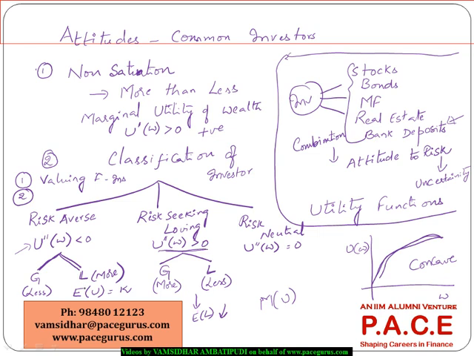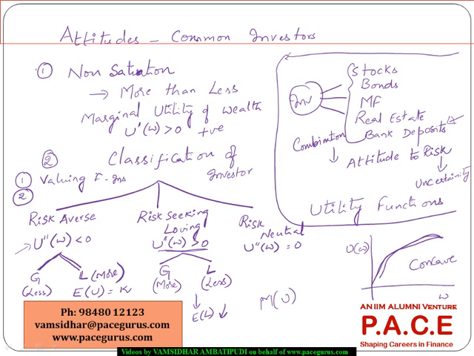He is looking at the chances of increase in the wealth. So he is giving more weightage to the increase in wealth rather than an incremental decrease in the wealth. So that is where we see that the second derivative of the utility function is going to be positive. So he is like a risk seeking investor.